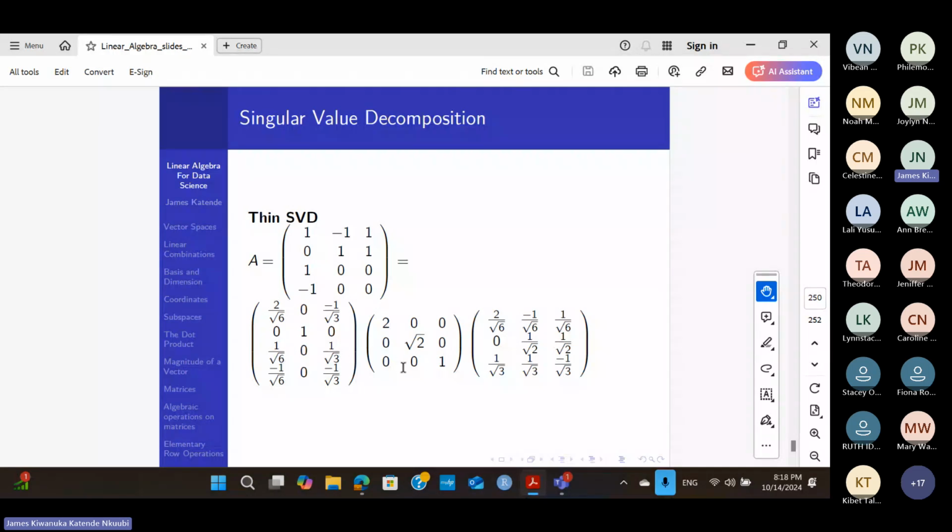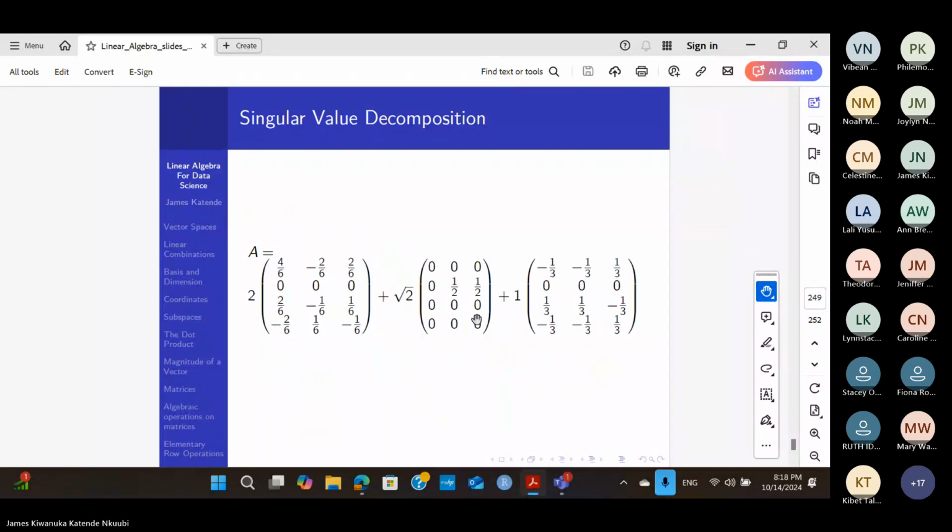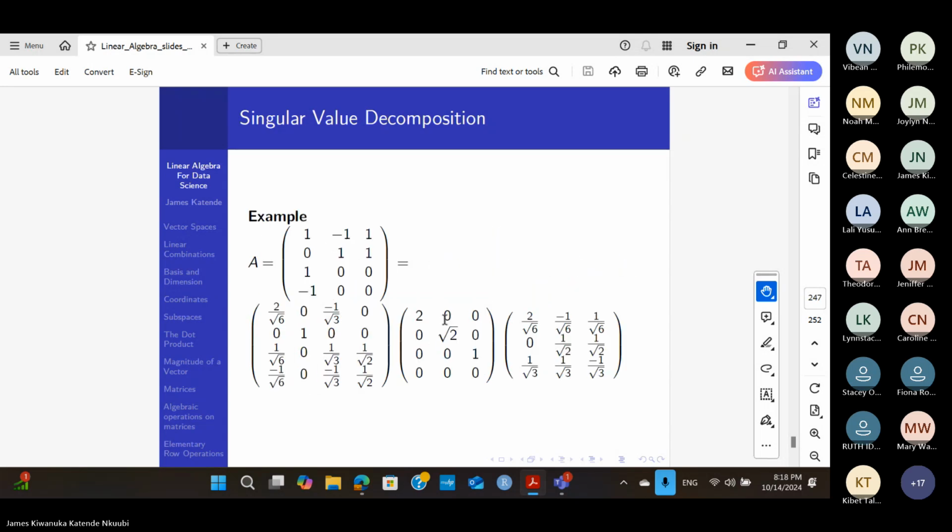If you check sigma, this last row here is 0. So we don't really need it. This last row and this last column of U don't contribute anything. If you look through the matrix multiplication, for instance, if you're multiplying this first row by this first column, this last term will just be multiplied by 0. The same happens for all the others.